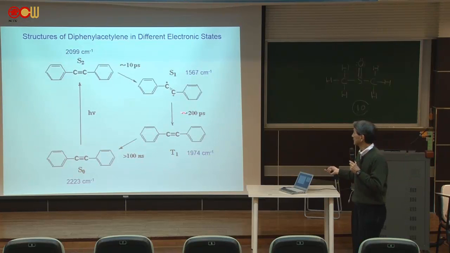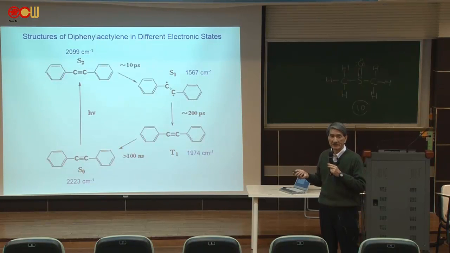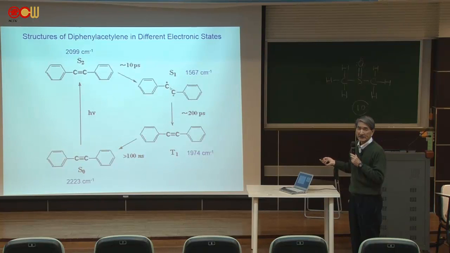So by looking at the excited state, we have a hint where we can elucidate how the reaction proceeds in the excited state. But it never happened in the ground state. Okay, this is how we use Raman spectroscopy and read the spectra to know the structure of the molecule.